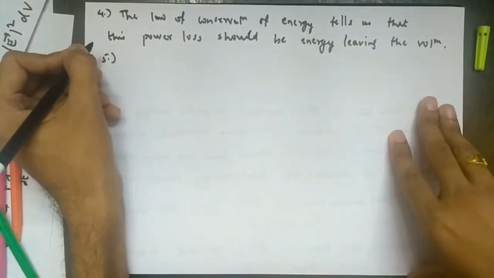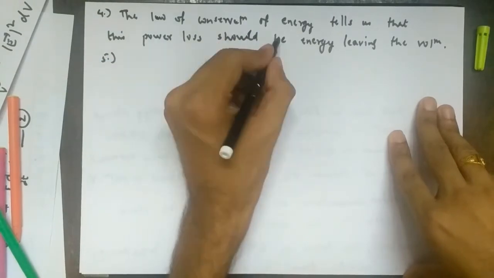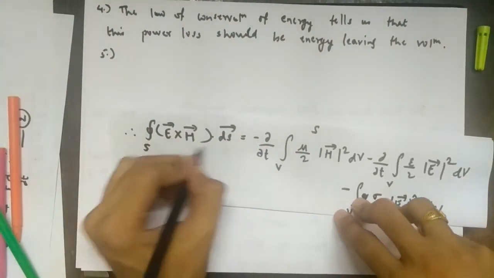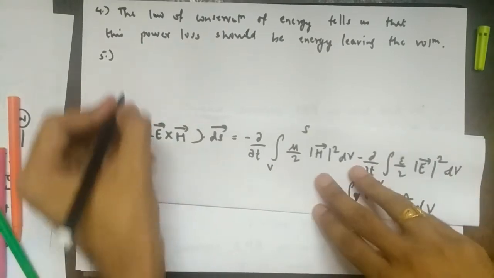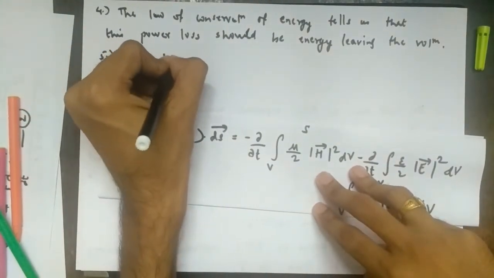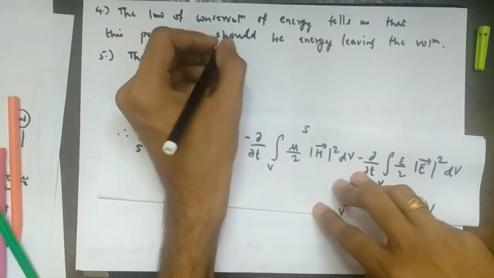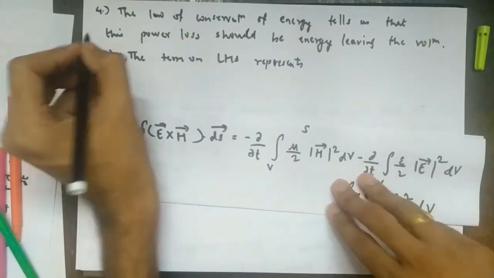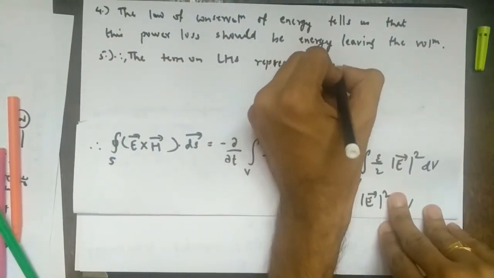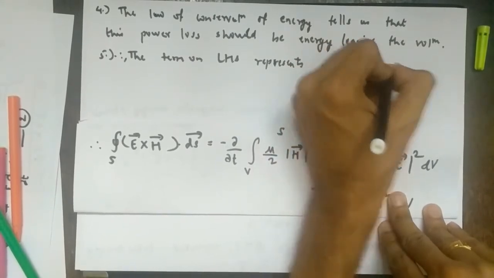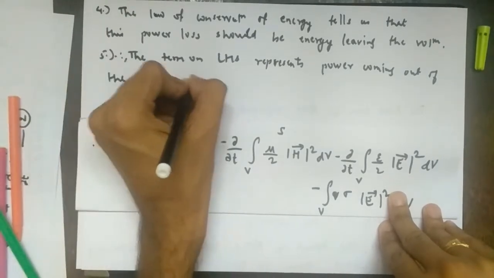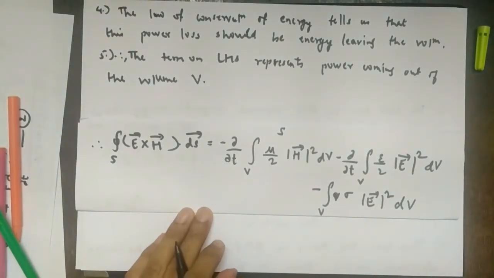That is our basic law of conservation of energy. So what should the term on the left hand side represent? It is also power leaving the volume. So the term on the LHS represents power coming out of the volume V, right?